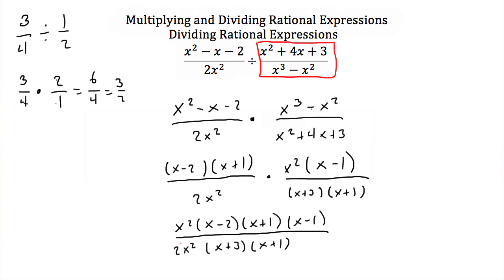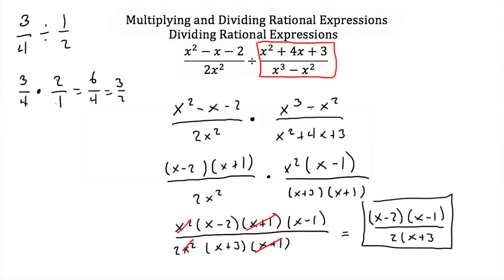Now here we have an x squared and an x squared, so those will cancel. We also have an x plus 1 and an x plus 1. So our solution then would be x minus 2 times x minus 1 over 2 times x plus 3.